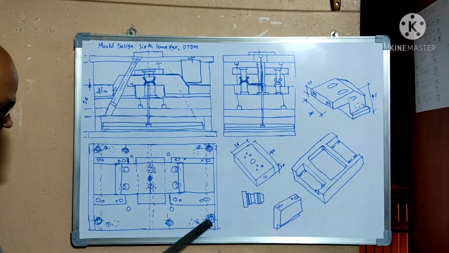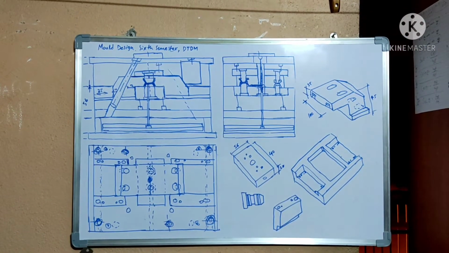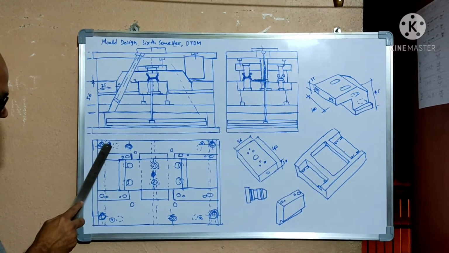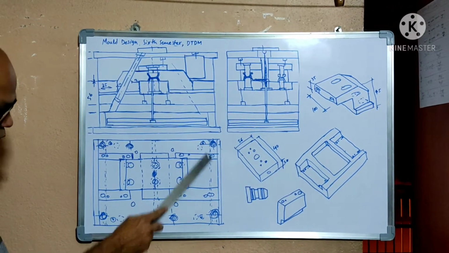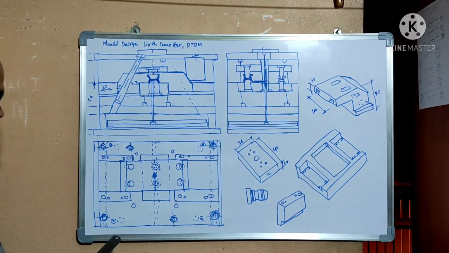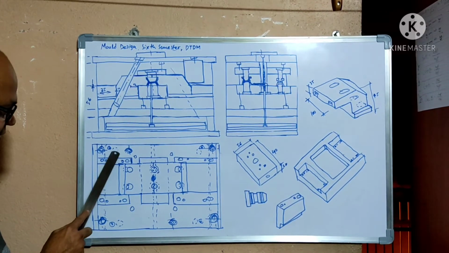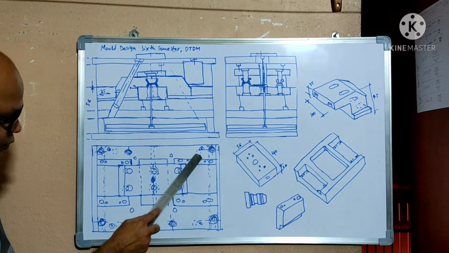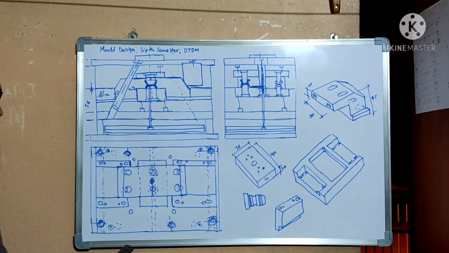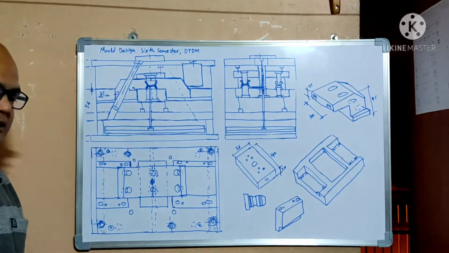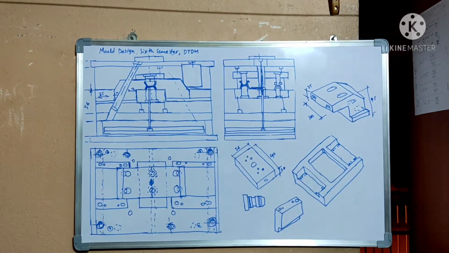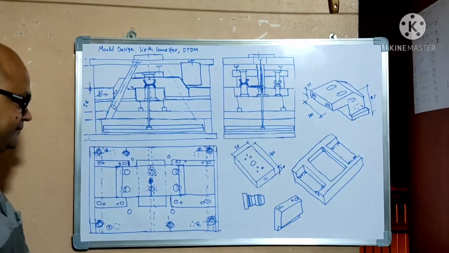And here you are observing 1, 2, 3, 4, the ejector plate fasteners, and the hidden 1, 2, 3, 4, the feed buttons, which are used to rest the ejector assembly.